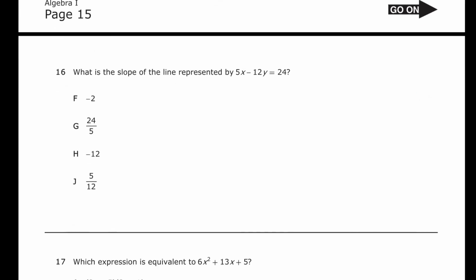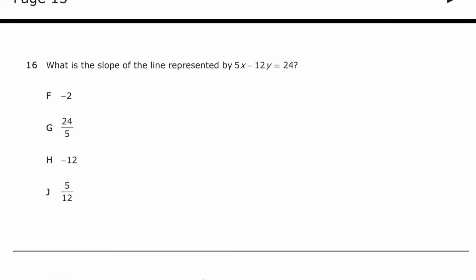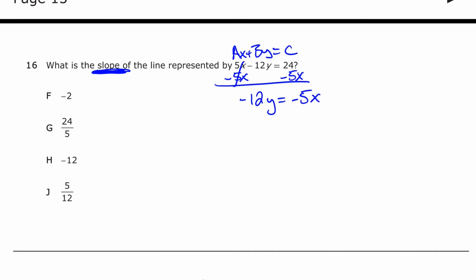All right, moving on to our next question, a fairly standard, simple question. On this problem, we have it in standard form, ax plus by equals c. We need to move it into slope-intercept form so we can figure out what the slope is. First, we're going to get rid of the 5x by doing the opposite, minus 5x minus 5x. Negative 12y is equal to negative 5x plus 24.